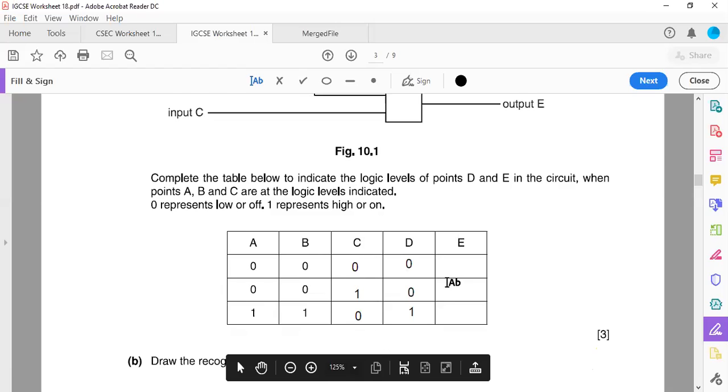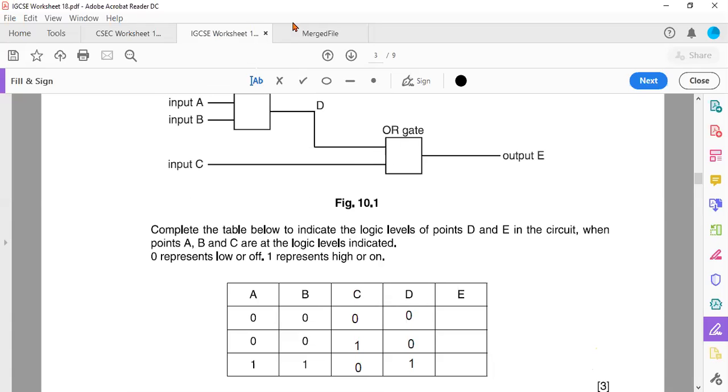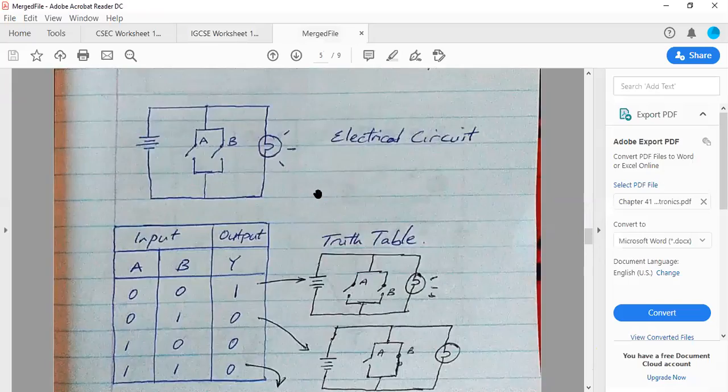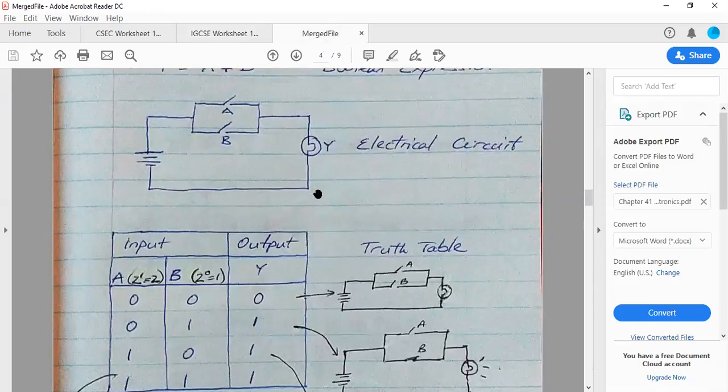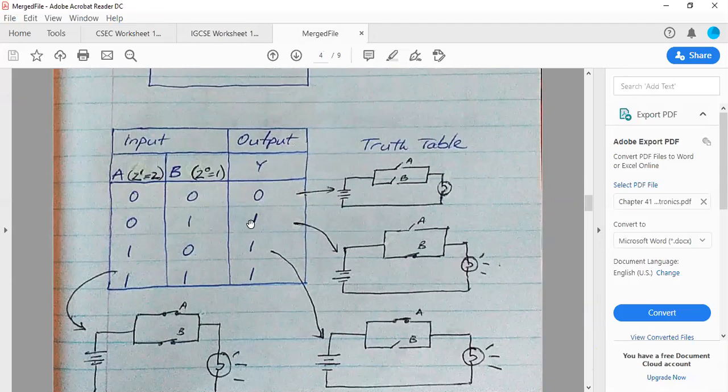I continue like that. Part E now, they said the logic is an OR gate. Your OR gate produces a high output if any of the inputs is high. So once you have a high input, your output is going to be high.